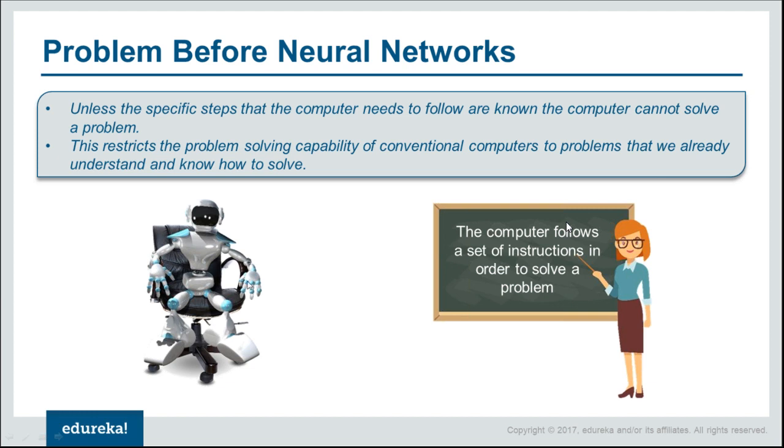We do lots of activities like driving a car and playing sports. But computers or machines were not able to do this in earlier days, even though we had huge computation power. There was enormous computation power available to us, but we were unable to utilize it.